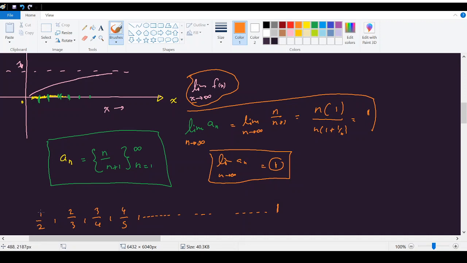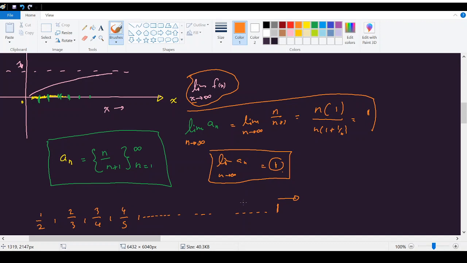So the idea means when you list down the terms of this sequence, towards the end it looks like that the value approaches 1.